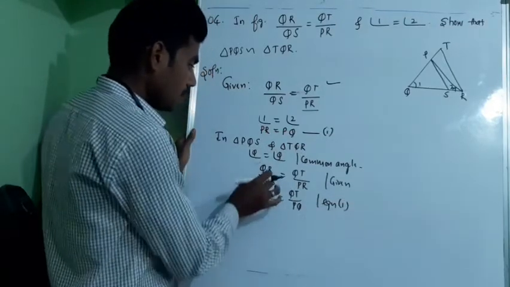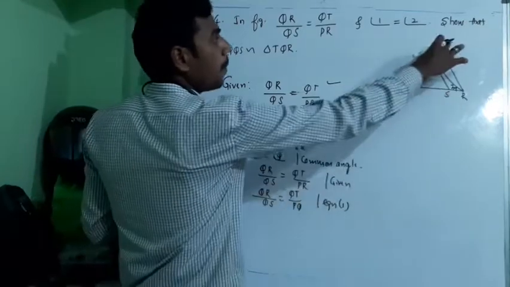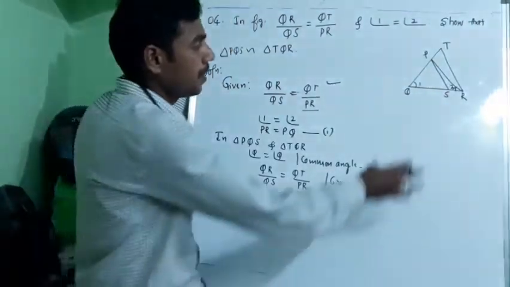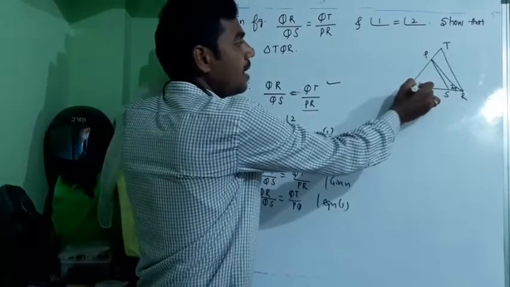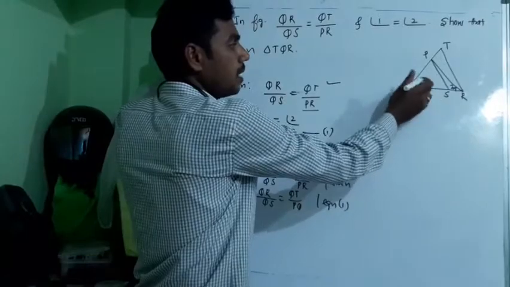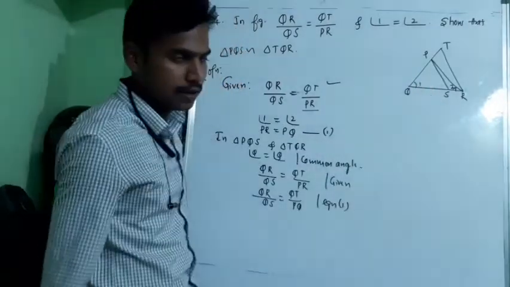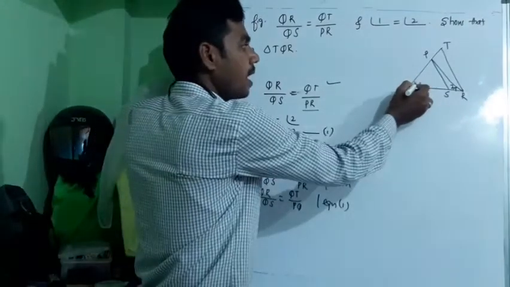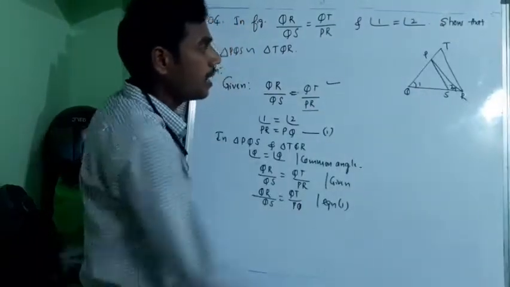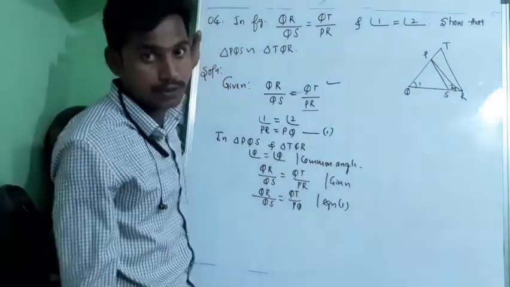So QR by QS, QT by QP, what does it convey? The included angle of one triangle is equal to the included angle of the other triangle, and the included sides are proportional.